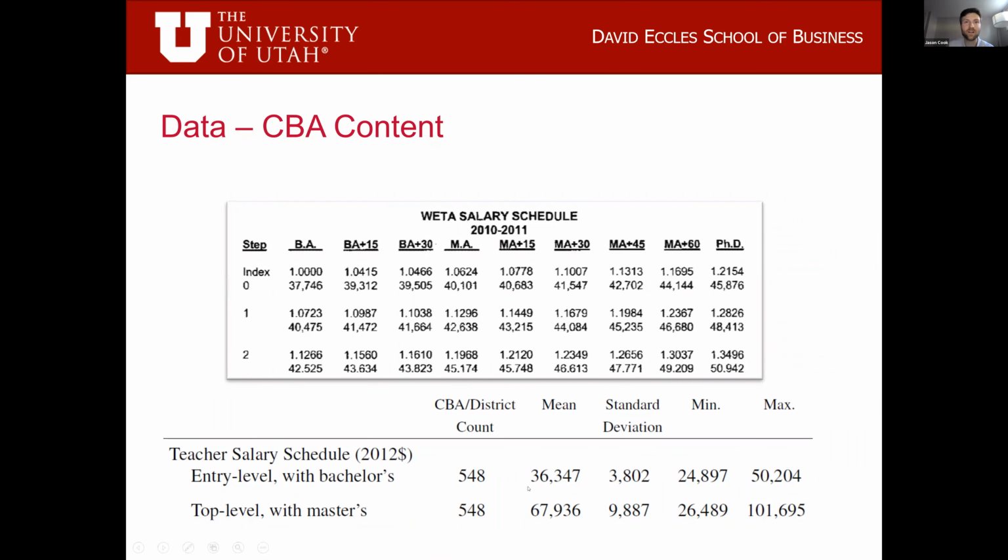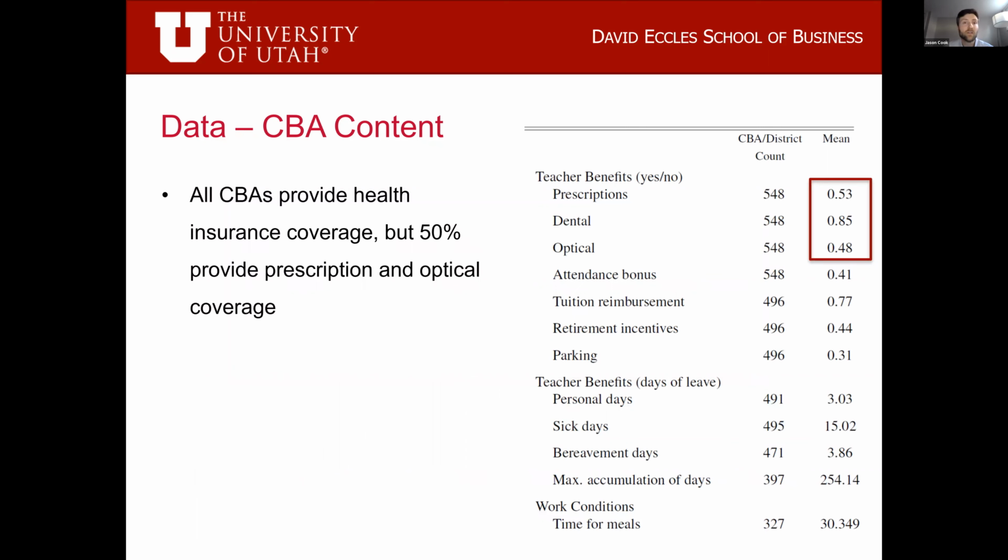There are some districts where teachers are making a decent amount, but for the most part, they hover around 40 to 70,000, which is maybe more what you'd expect. And there's also other variation that we try to explain. Every collective bargaining agreement provides health insurance coverage, but as we show here, only 50% provide prescription coverage or optical coverage, and 80% dental coverage.